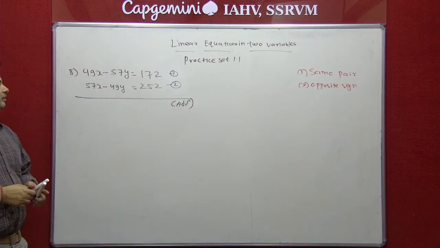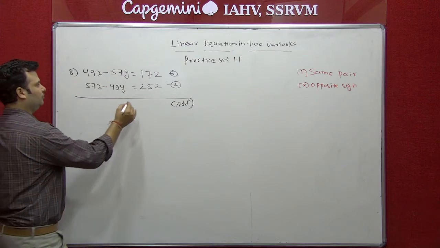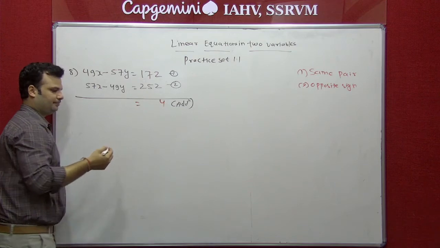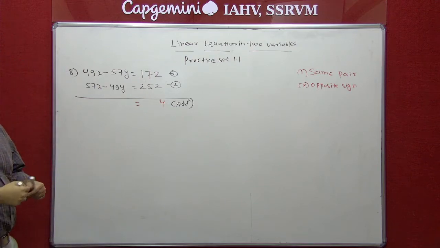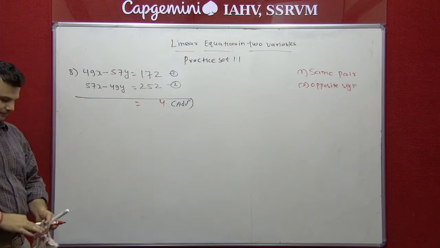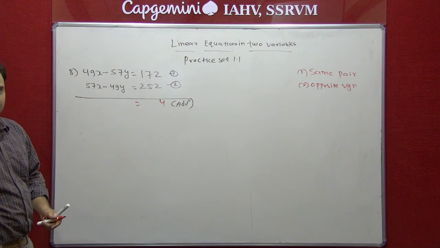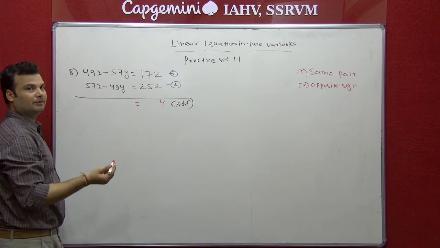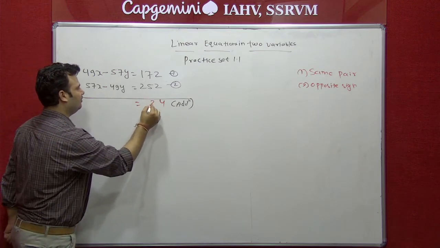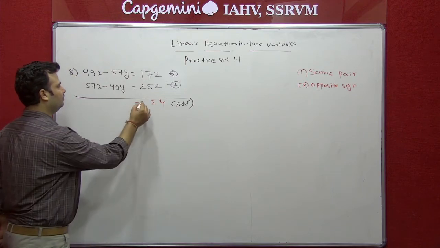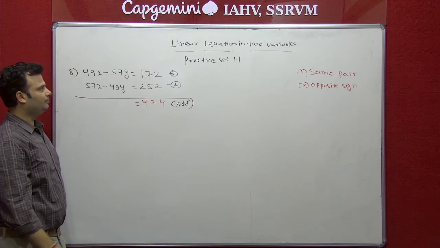We'll get 7 plus 5 is 12, and then 2 plus 1 is 3, plus 1, 4, 424.